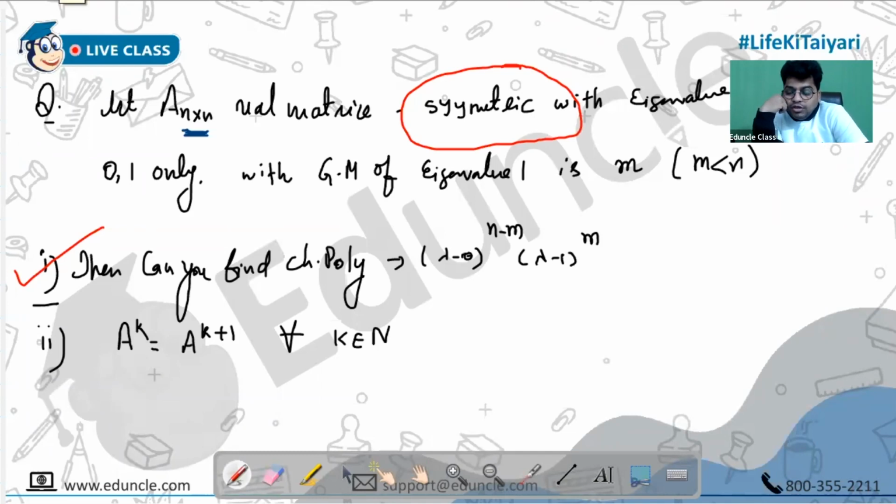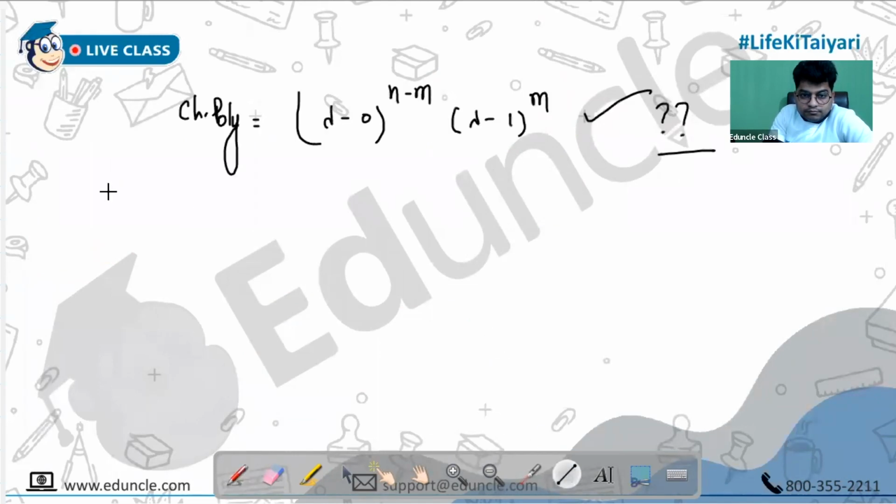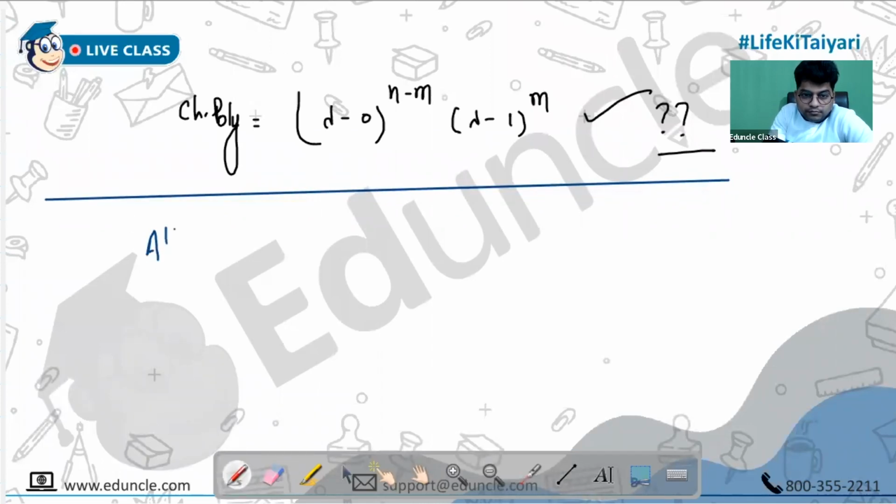A to the power k is equal to A to the power k plus 1 for all k. Why? See, what is the meaning of this problem? The meaning of this problem is A to the power k is equal to A to the power k plus 1 for all k.